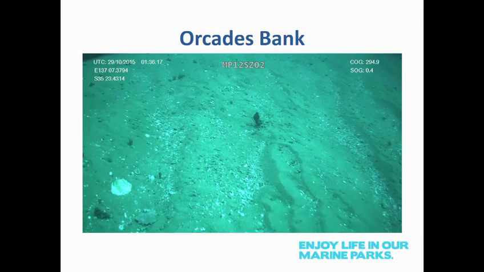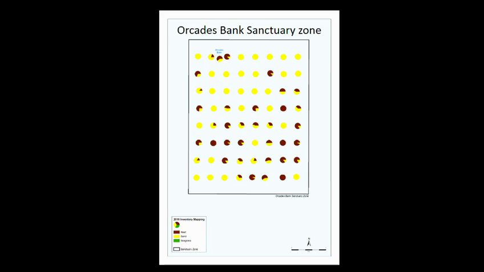The Orcades Bank, which is up there, is the significant feature that the zone was largely meant for, but probably surprisingly to us, 2/3 of those areas had some sort of reef community as well. So there's quite a bit more reef community out there than what we thought.